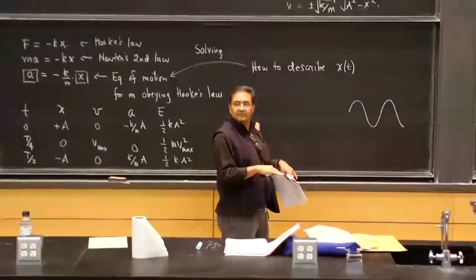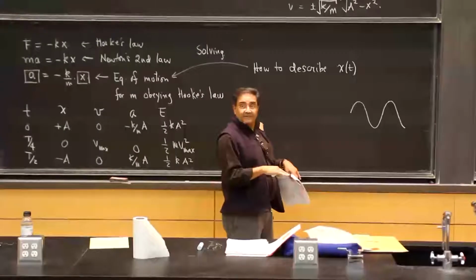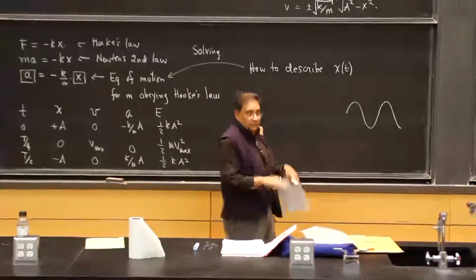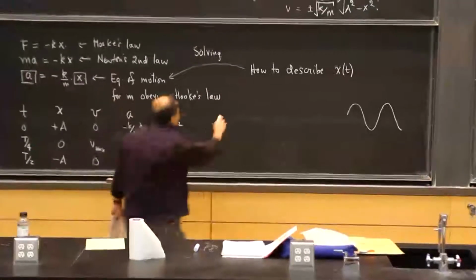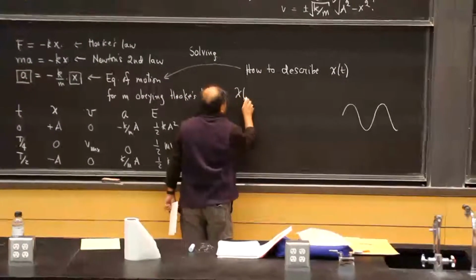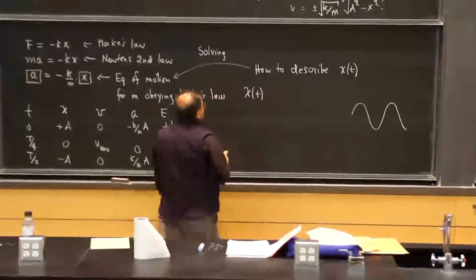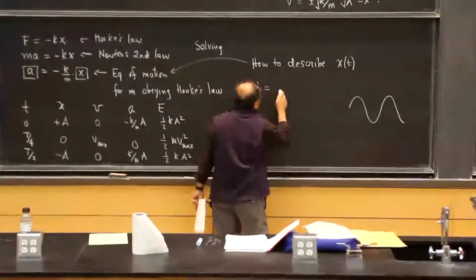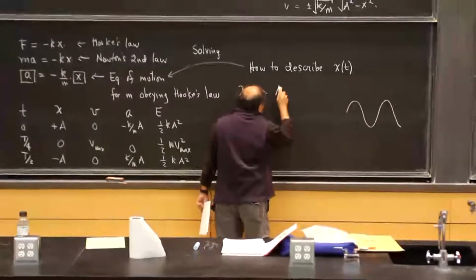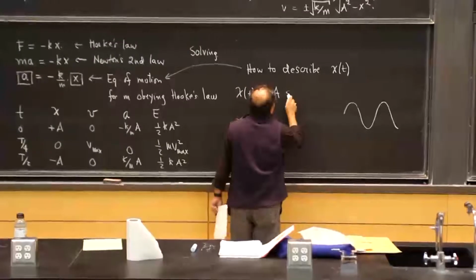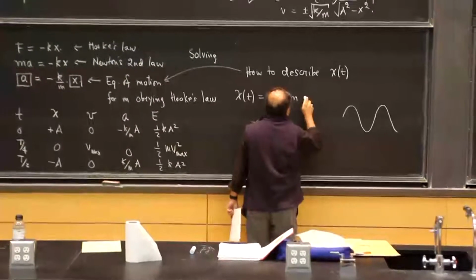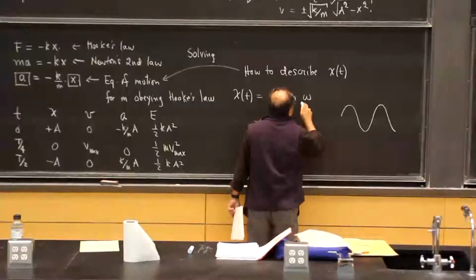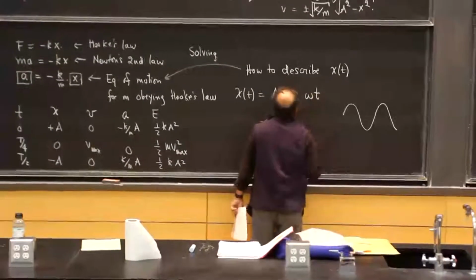Ducks never really are static because they are on water and the water has waves, so ducks are going up and down. So x of t, if you want to describe it, can therefore be described as, in this case, a sine of some angular frequency omega t.